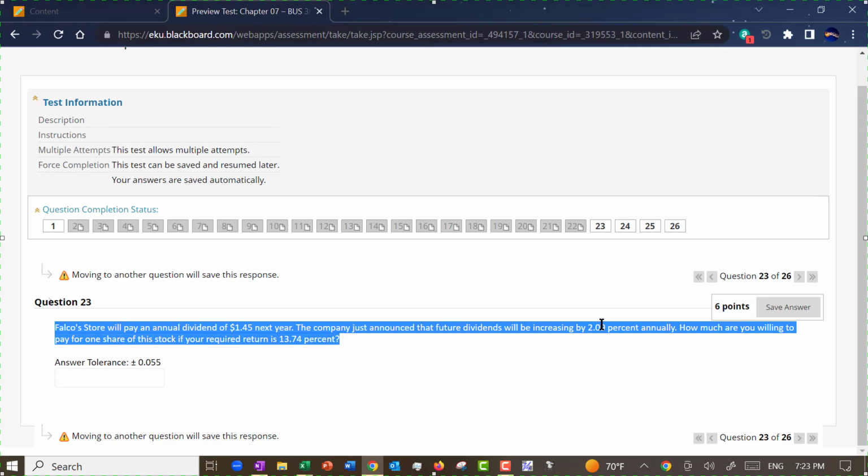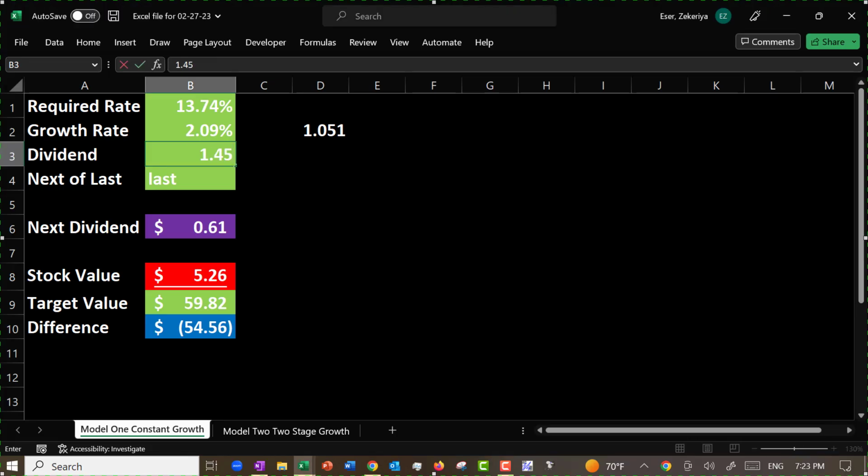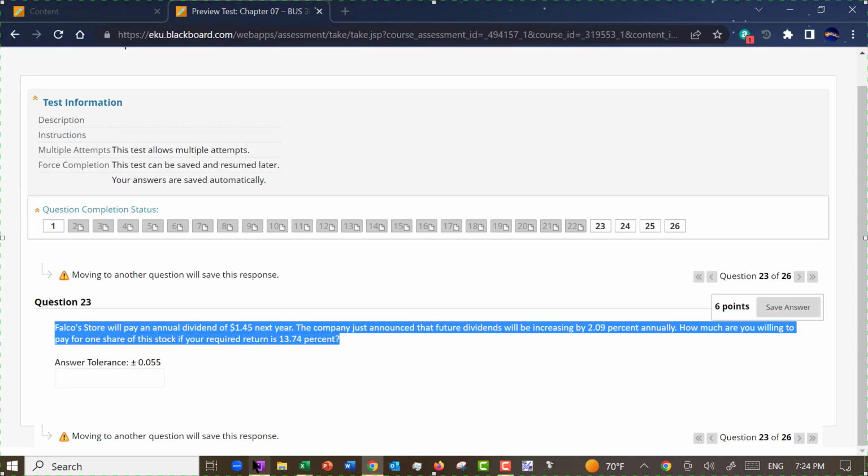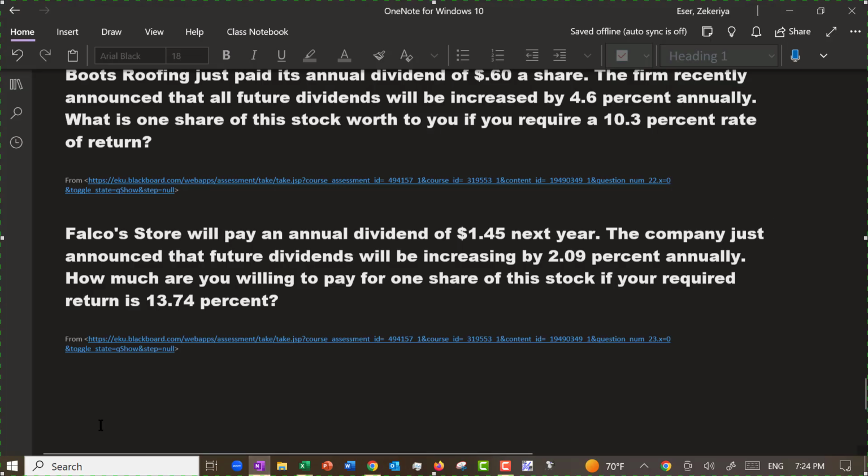Okay, just read off the stock value. You're done. I mean, if you want to do it by hand, that's how you would do it by hand.